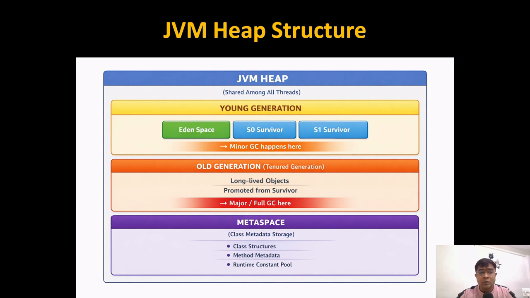Whichever objects are promoted from survivor live here. A major or full GC happens here, right? Then you have another section, Metaspace, that stores class metadata: class structures, method metadata, runtime constant pools, etc. This is basically the JVM heap structure. It is very important to know.